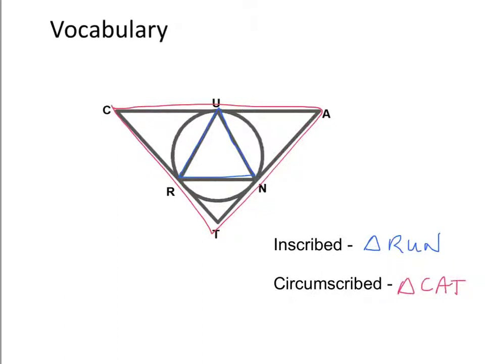So think about inscribed, it means on the inside. Circumscribed, it almost looks like circumference. It's on the outside. So again, it can be any object. It can be a kite, it can be a quadrilateral, it can be a pentagon. It doesn't matter that it's a triangle. It just has to be a polygon. Inscribed inside the circle, circumscribed outside the circle.